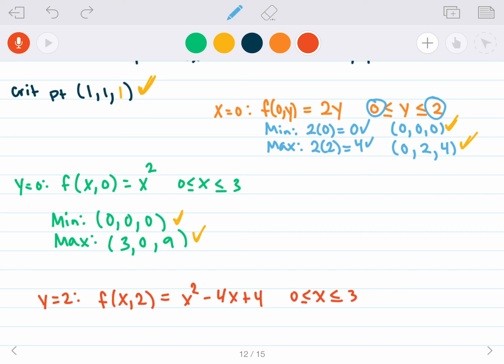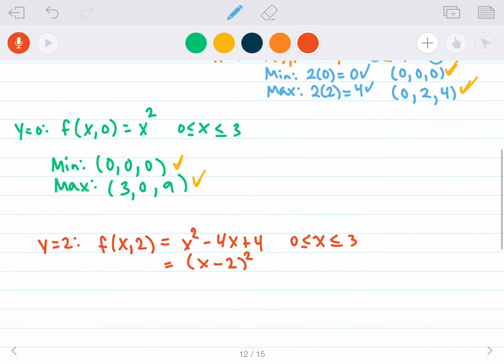That sounds like a lot of work. But I would just look at Desmos or recognize that this is the same thing as x minus 2 squared. So if you were to graph this, it's just a parabola shifted 2 units to the right.